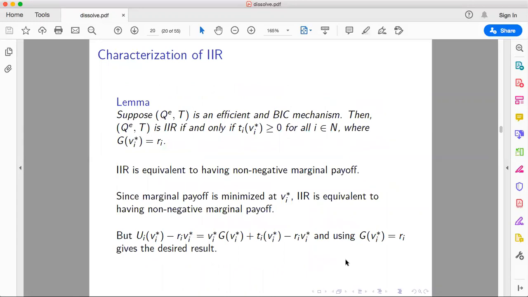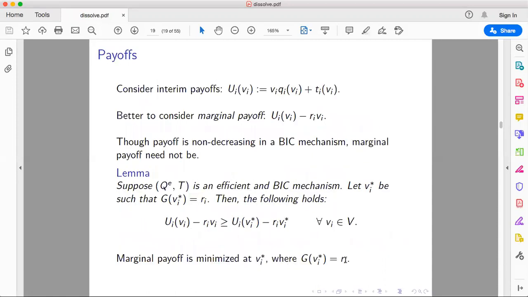And I think we had also done last time that IIR is equivalent to requiring that Ti of V star I is greater than or equal to 0, right? Because IIR would basically mean that this is greater than or equal to 0, but that can be ensured now by just requiring this to be greater than or equal to 0.